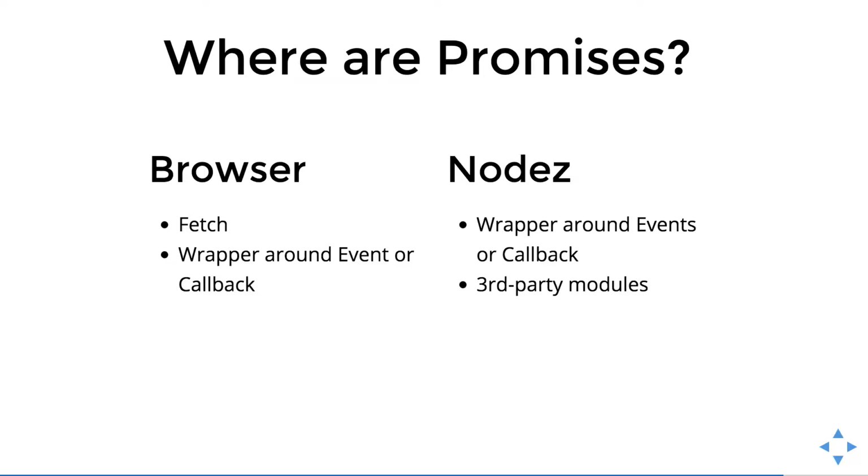You could also transform an event or callback API into a promise one. And on Node, I don't know if you find many in the core modules, but there are a ton of third-party modules out there that have converted, at some level, the callback or event-based API into a promise one.